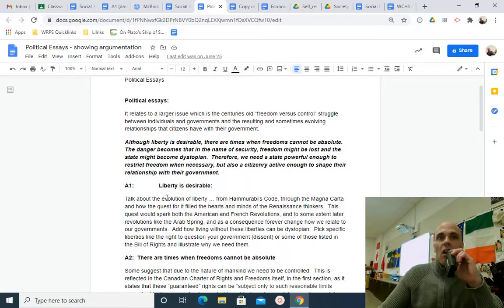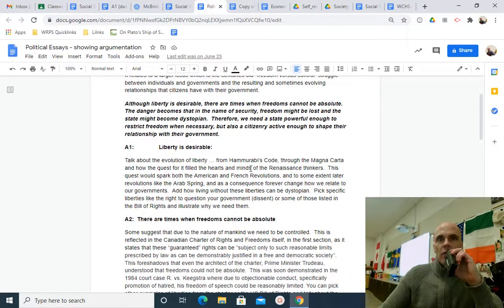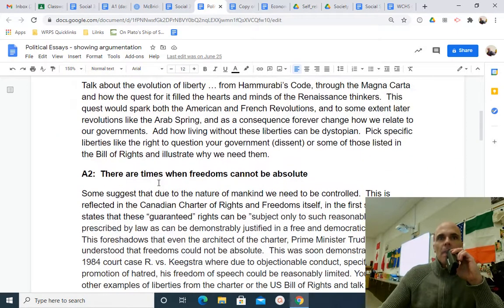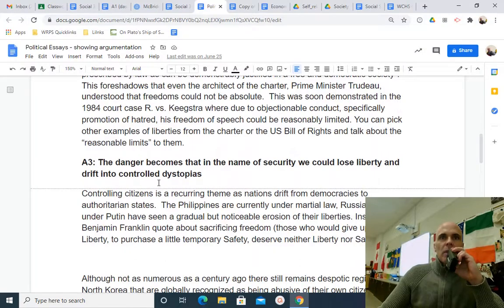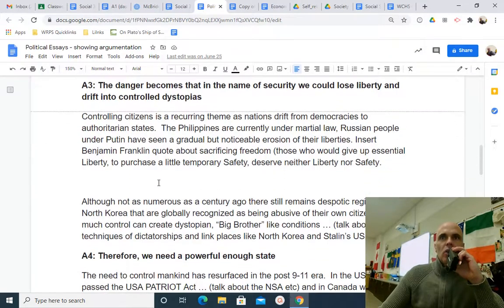So here are some related arguments. Liberty is desirable. And we unpack that there a little bit. There are times when freedoms cannot be absolute. The danger becomes that in the name of security, we lose liberty and drift into controlled dystopias.